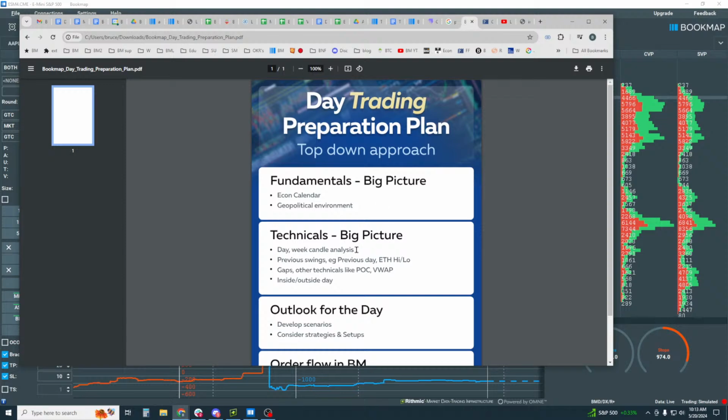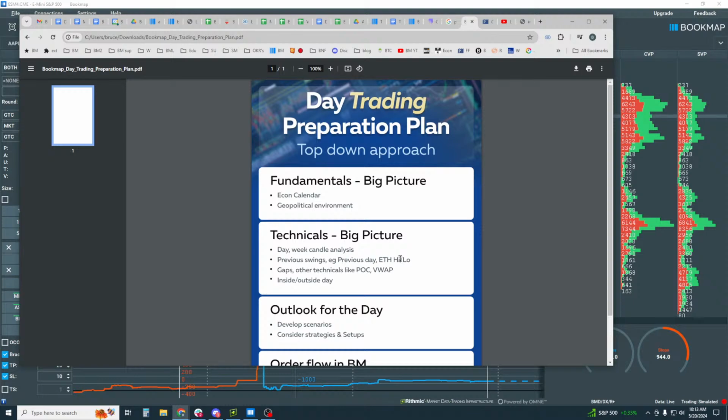Bigger picture technicals: let's look at the candlestick charts on the higher time frames. Again, it is order flow, don't get me wrong, but we still want to understand the relationship in the price structure. Since we don't have volume or the order book on those higher time frames, the only thing we can do is assess the price action, and extrapolate that into our lower time frame in Bookmap.